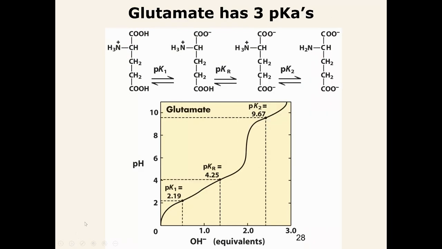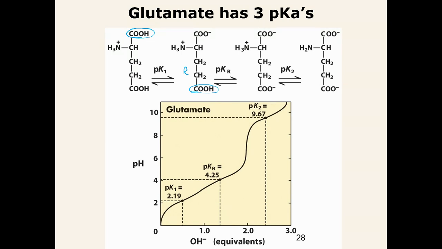So for glutamate, explaining the example, the first pKa was 2.19. That's that COOH there, so that's gone first. The second pKa is 4.25. That's the carboxylic acid on the R group, because here's your R group.